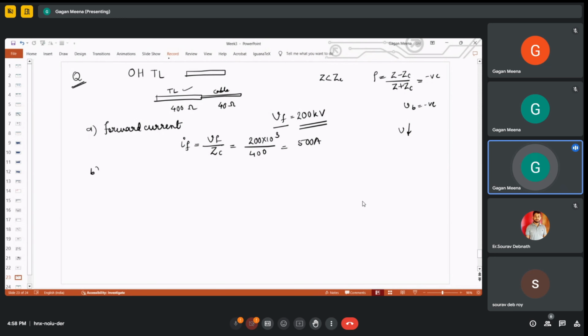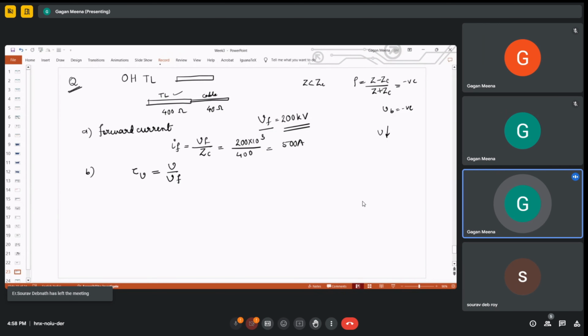The next thing is we have to find the reflection coefficient and refraction coefficient for both voltage and current. Let us first find the coefficient for voltage. The refraction coefficient for voltage, which is also the transmission coefficient, is V divided by VF, which equals 2Z divided by Z plus ZC.